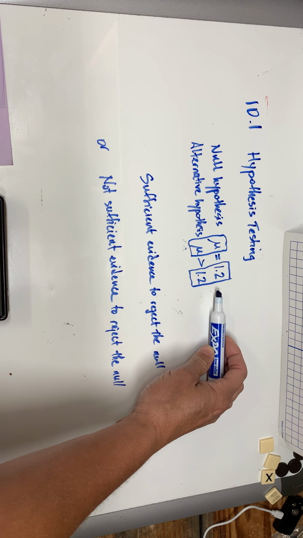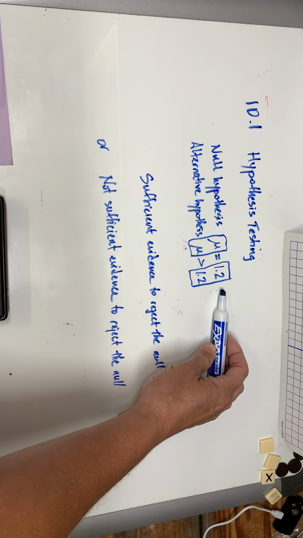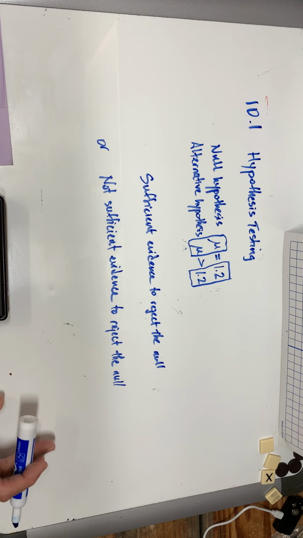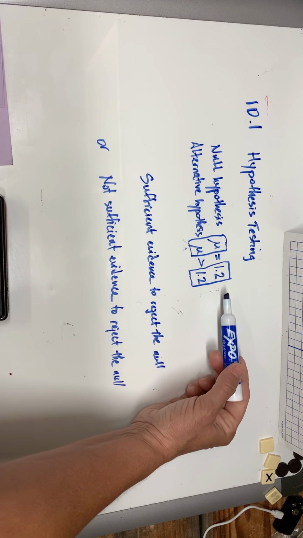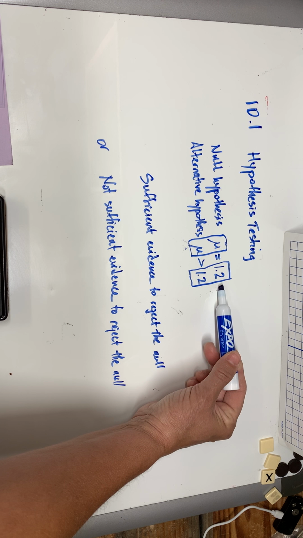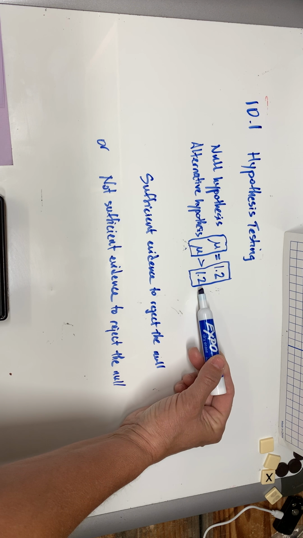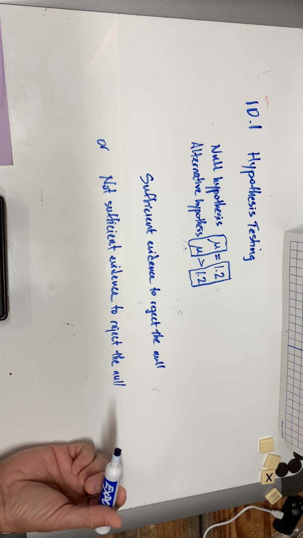So the evidence is telling you to reject the null. Okay? But let's say you got it wrong. And who knows why? Maybe you miscalculated something or whatever. But the point is that you've told everyone that you have sufficient evidence to reject the null, but in fact, you should not have rejected.